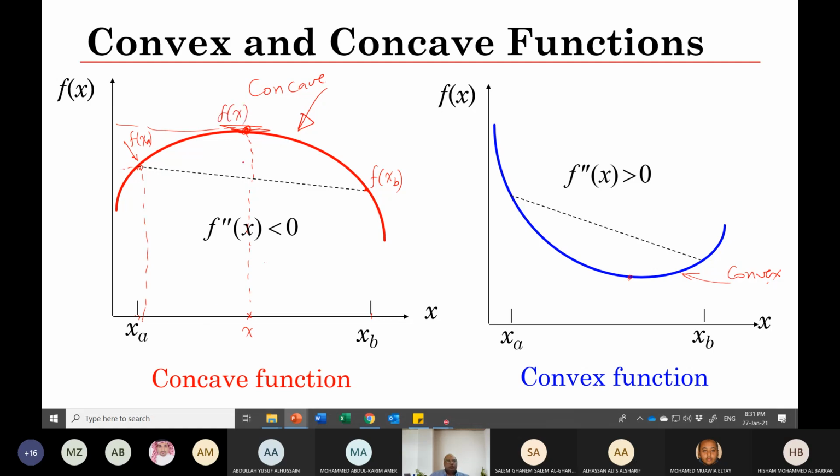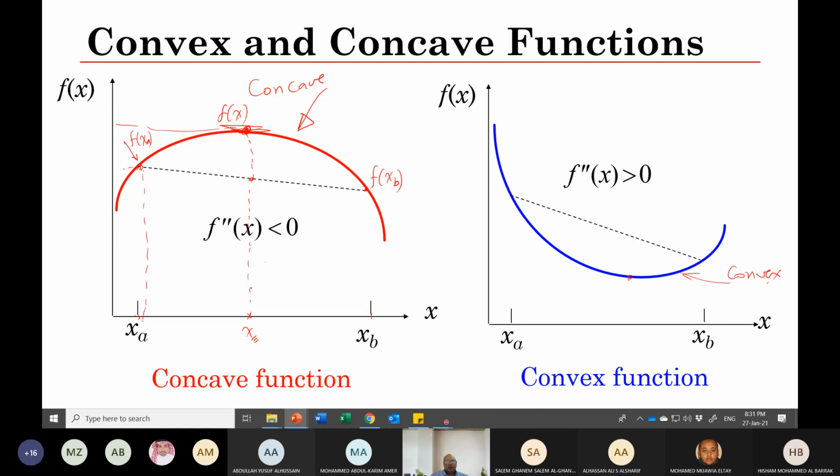Here, as you can see, f of x is greater than any interpolation between f of xa and f of xb. Any interpolation here, you have it here. So the function of the interpolation over x is greater than the function of any interpolation between f of xa and f of xb.